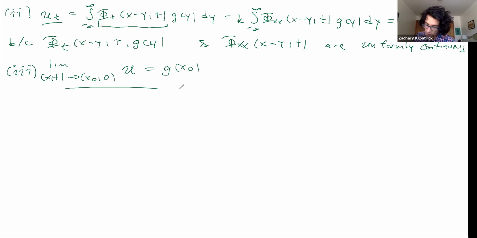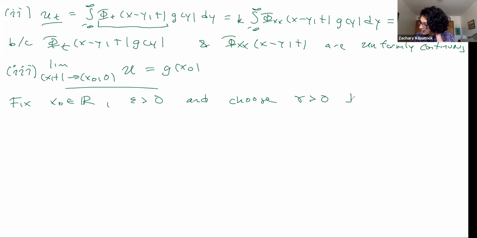okay, let's start by fixing some x that lives in R. I'm going to fix some epsilon greater than 0, and I'm going to choose some, I'll call it gamma. I think I have delta in the written notes, but I'm already using delta.